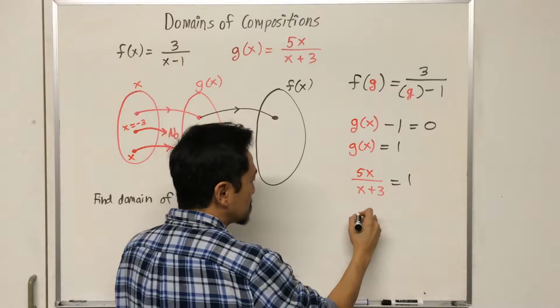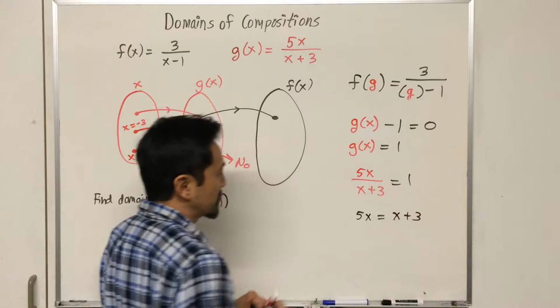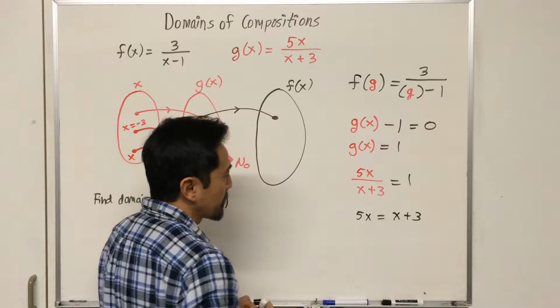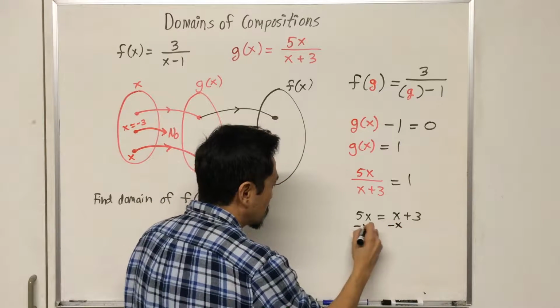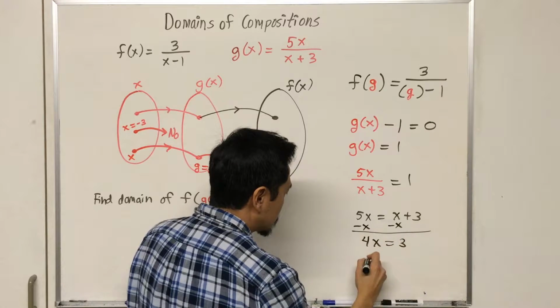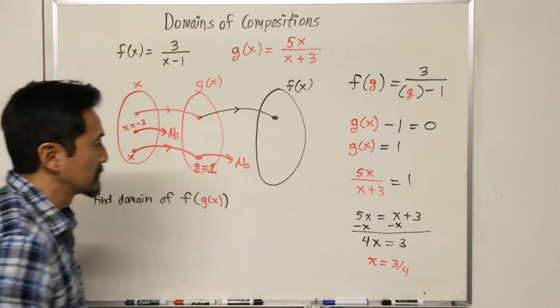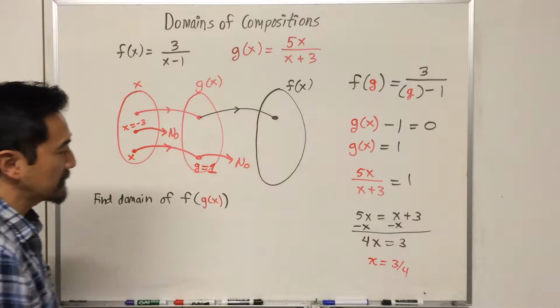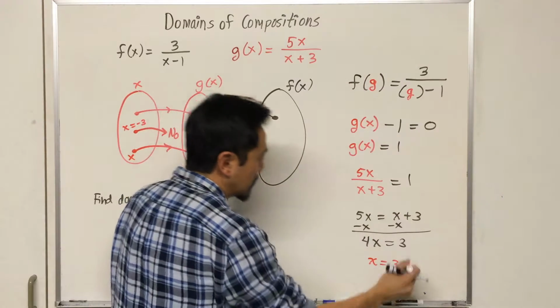Okay, so we multiply both sides of this equation by x plus 3. Okay, I'm going to assume everyone can solve a rational function. Excuse me, a rational equation. And then subtract x from both sides. And you see that x, which is 3/4, is the one that will do it. Okay? So if x, let's read the work now going backwards.